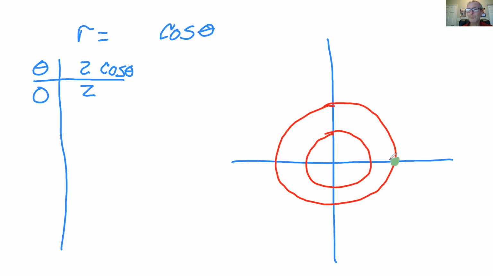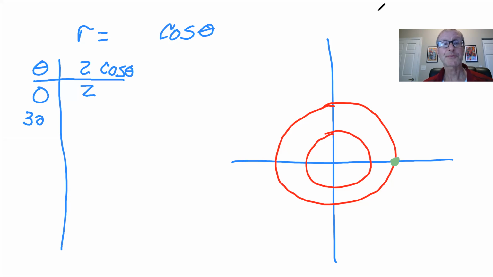So let's pick another one. And what I'd like to do is I'll do what the book does. So the book does 30 degrees. So let's do 30 degrees. And so what is cosine of 30 degrees? Well, if you get out your sheet, cosine of 30 degrees is square root of 3 over 2.